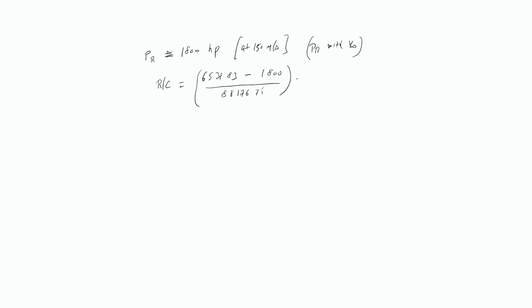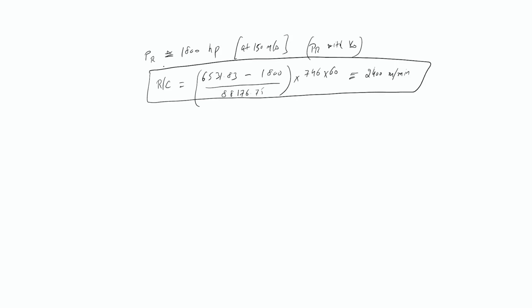Now taking care of the units, multiply by 746, multiply by 60. So finally you will get approximately 2400 meters per minute. This is the rate of climb that you will get. Now let us see in the plot, are we getting similar results or not?